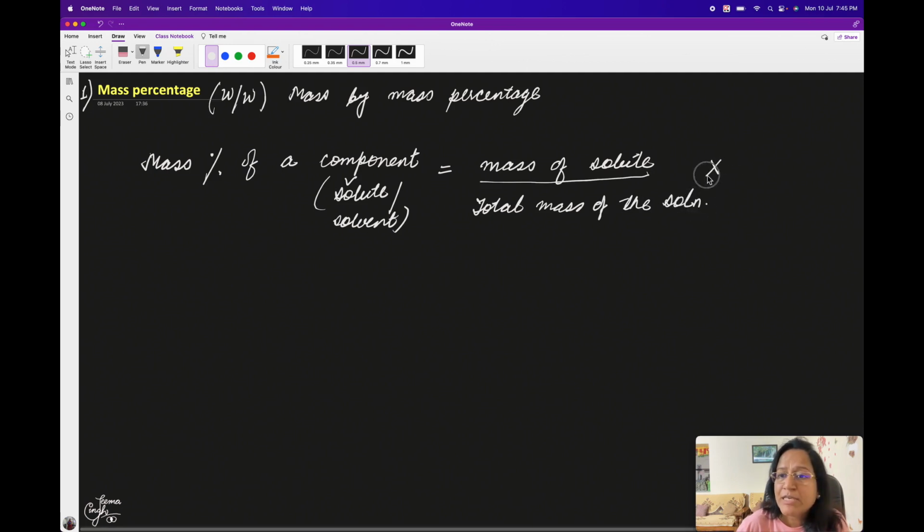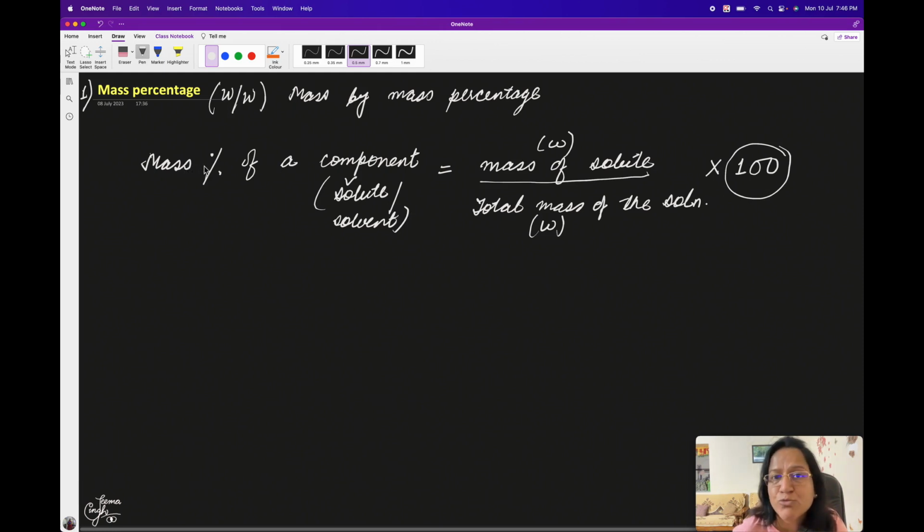It is percentage, so don't forget the sign or the digit 100. So mass of solute divided by total mass of the solution, into 100. This is mass, mass by mass percentage. You need to only remember the formula. If at all a definition comes, you'll be able to define, right? So mass of solute divided by total mass of the solution into 100 represents mass percentage or mass by mass percentage of a solution.